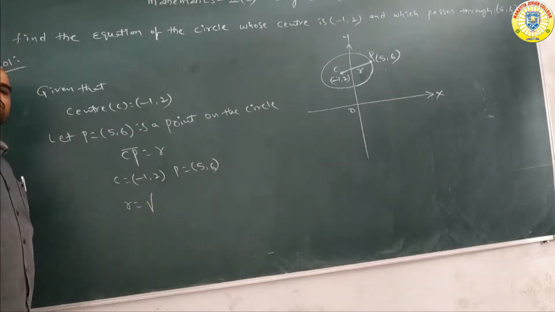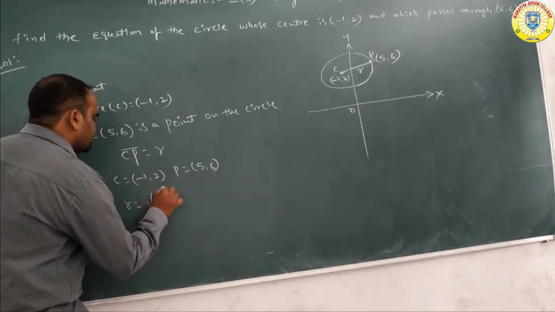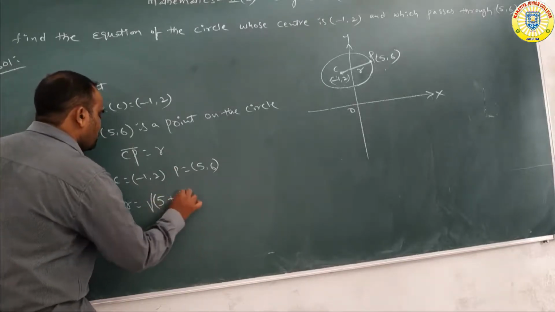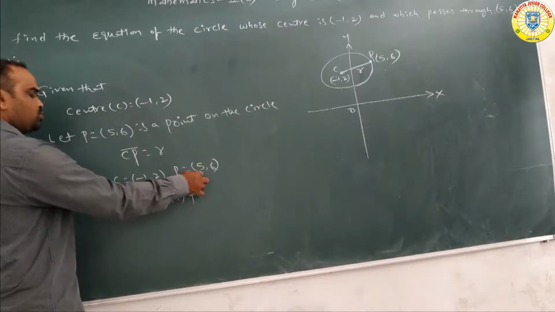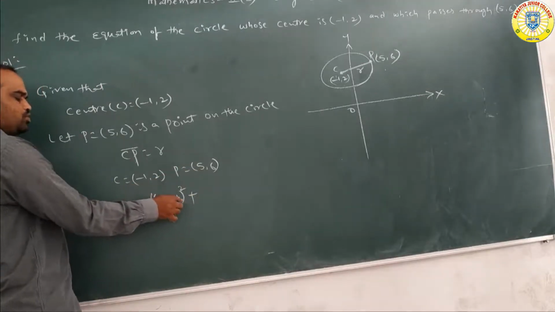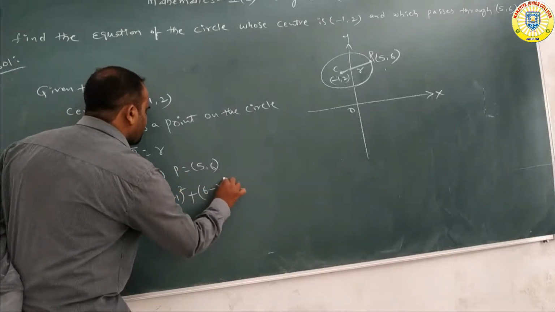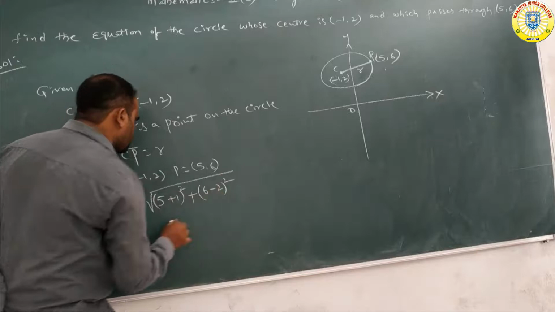Which formula are we using? Under root of (x2 minus x1) whole square plus (y2 minus y1) whole square. Small r is equal to root of (5 minus (-1)) whole square, x2 minus x1, where x1 is equal to minus 1, so (5 plus 1) whole square, plus (y2 minus y1) whole square, which is (6 minus 2) whole square.